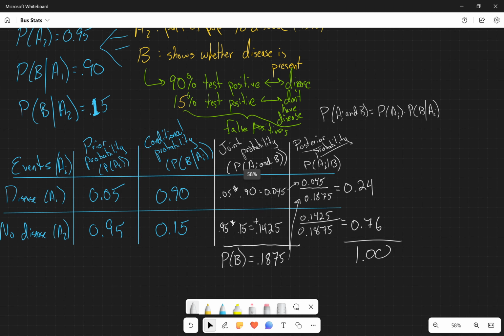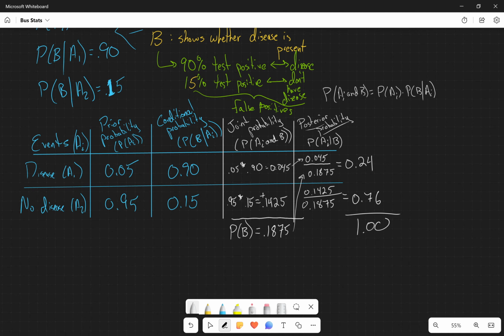So this is, like I said, the long way to getting to the answer that we were asked, right? If a randomly selected individual performs the test and the test indicates that the disease is present, what's the probability that the test is correct?